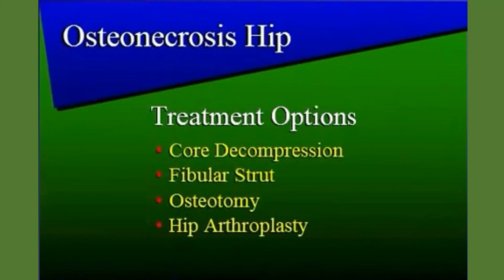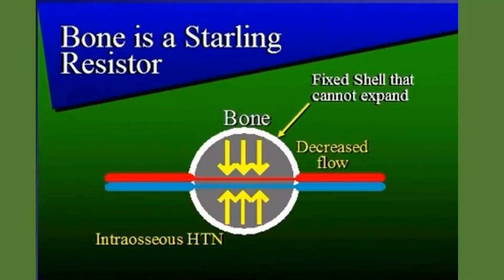Don't forget that bone does not expand. And if you have one of these conditions that has caused the intravasculation, it is not like in soft tissue where it expands.